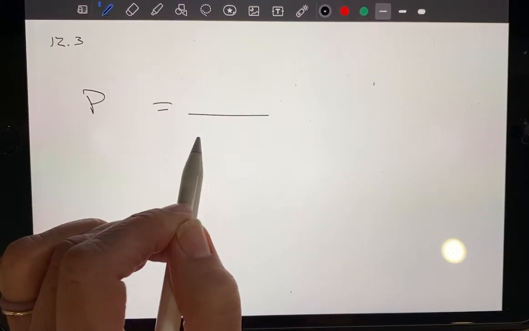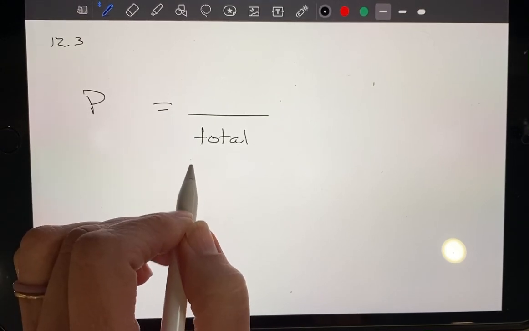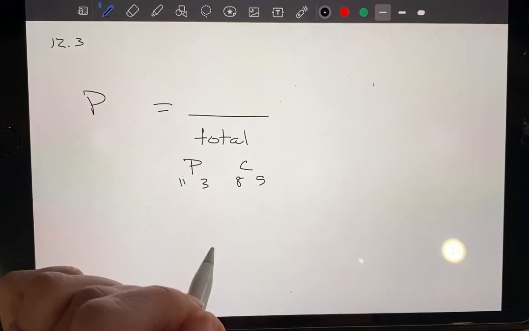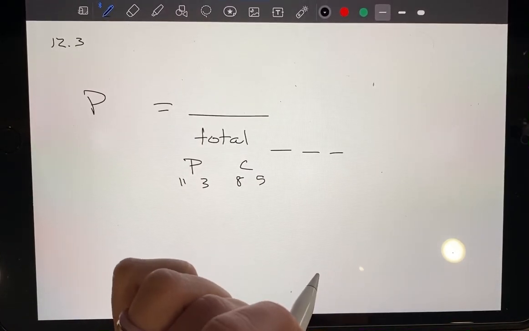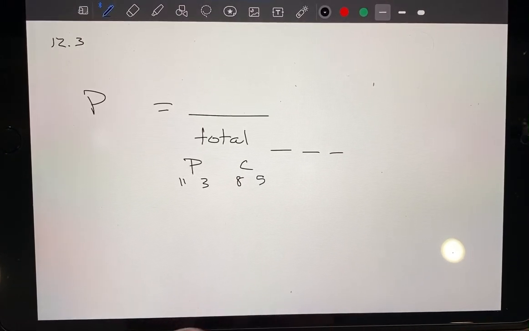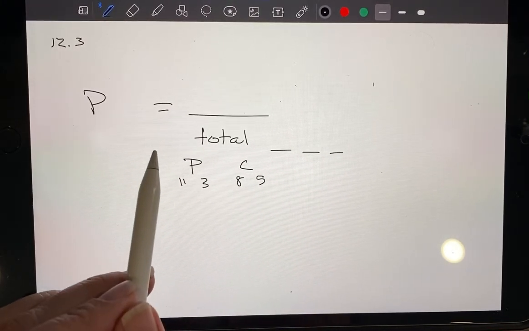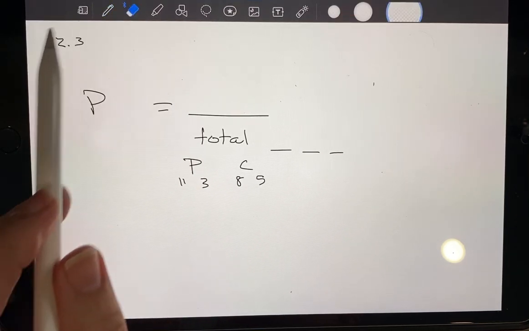And to find the bottom number, since it is the total, we often need to either use permutations or combinations to find that total, or sometimes we just use our fundamental counting method to find the total on the bottom. Sometimes they give us what the total on the bottom will be. So that's how we can tie in 12.1 and 12.2 into 12.3.